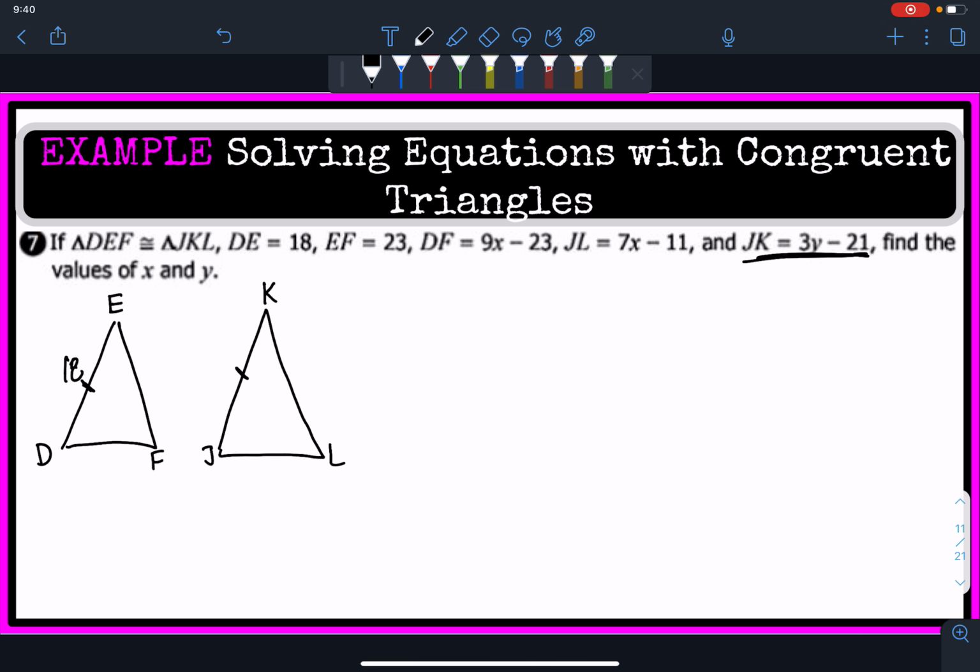JK is 3y minus 21. I know that from E to F, which is 23, is going to correspond from K to L. And do they tell me K to L?